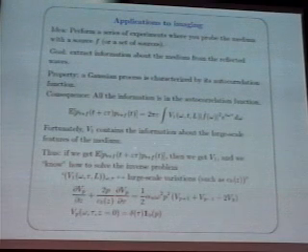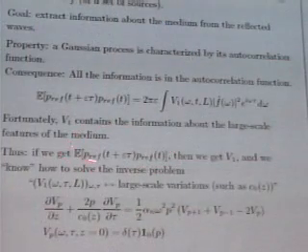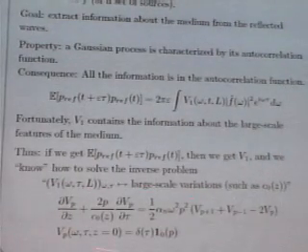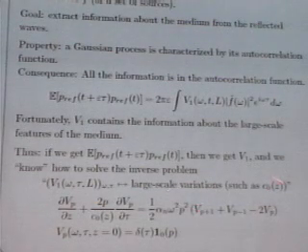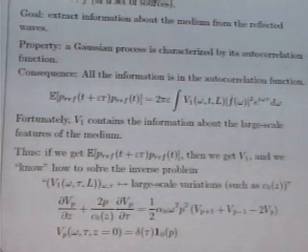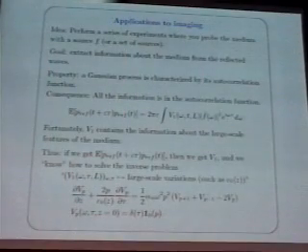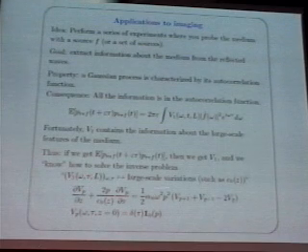In some sense, if you are capable to compute the autocorrelation function, then you can get V1, and from V1 you can invert the deterministic transport equation and get information about the large-scale variations of the medium. This is well known by geophysicists.